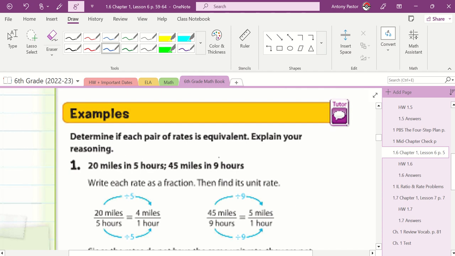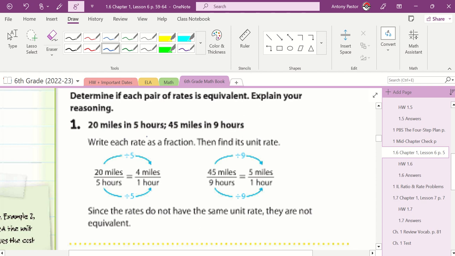Examples. Determine if each pair of rates is equivalent. Explain your reasoning. 20 miles in 5 hours, 45 miles in 9 hours. Write each rate as a fraction, then find its unit rate. Now, I'm obviously not going to be able to convert 5 to become 9, or 20 to become 45. So I'm going to go with the unit rate here.